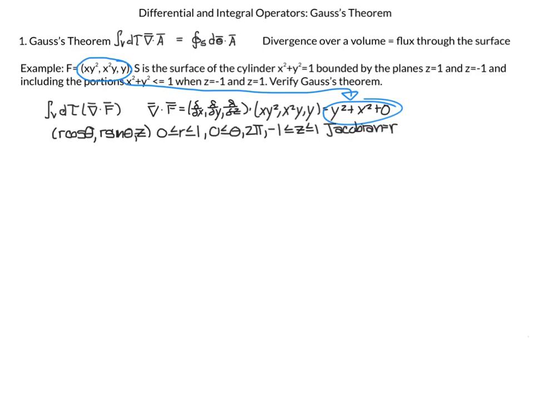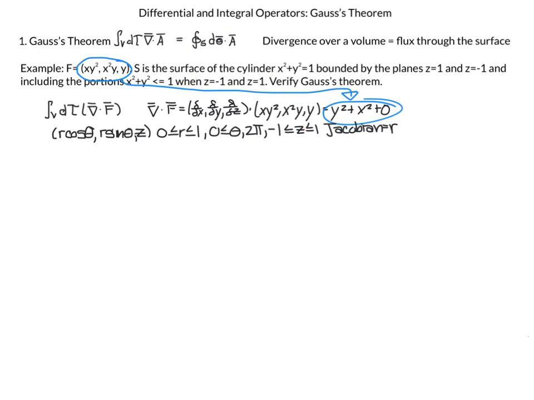The next thing we'll do is parameterize the volume of our cylinder. Using cylindrical coordinates, we have r cosine theta, r sine theta, and z, where r goes between 0 and 1 because we're given that it's a cylinder of radius 1. Theta goes between 0 and 2 pi, and z goes between negative 1 and 1 because we are given the bottom and the top of our cylinder.